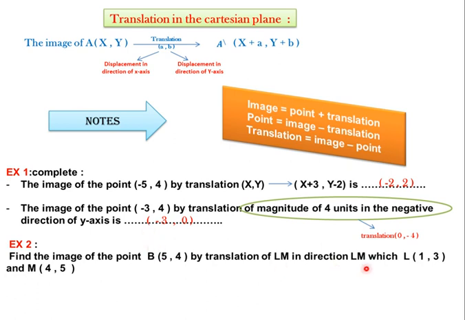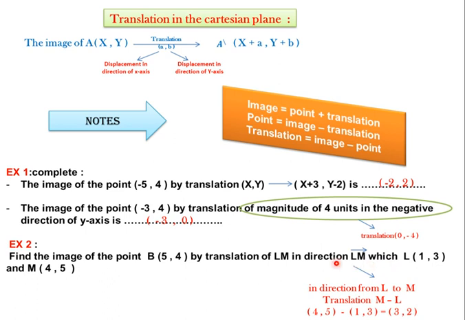to M. Then we can get the translation from L to M by subtracting L from M: the last minus the first.